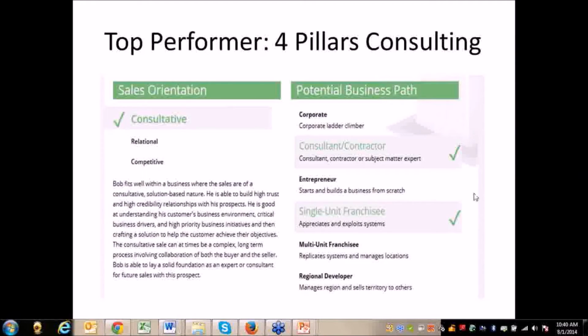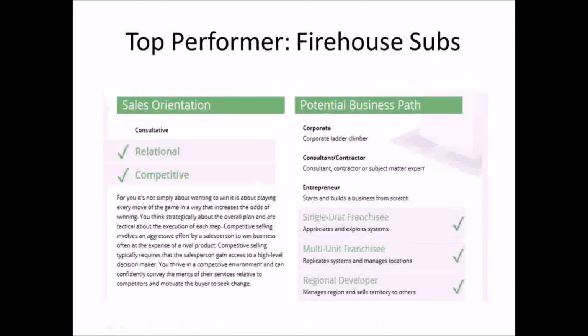Let me move on and give you another couple of examples just so you can be thinking. Here's a top performer model on Firehouse Subs, a sub shop. I don't know if they're in your inventory, but they are a relational sales type and a competitive sales type. Is a sub business a competitive business? Are there a gazillion sub shops in your city or county?